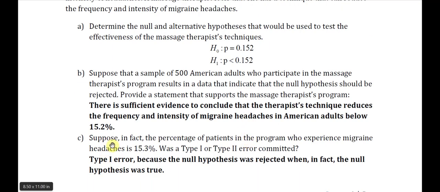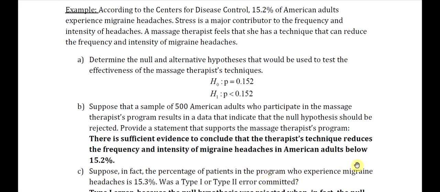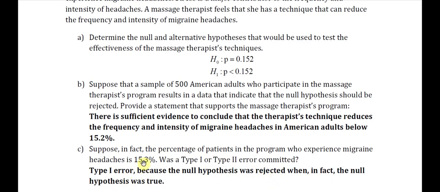And then suppose that in fact the percentage of patients in the program who experience migraine headaches is 15.3%. Is this a type 1 or type 2 error? Now, this should be type 1. Why? Because in fact 15.3% still have the headache, which is not less than 15.2.